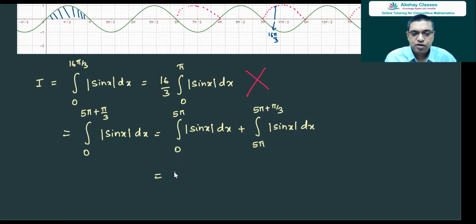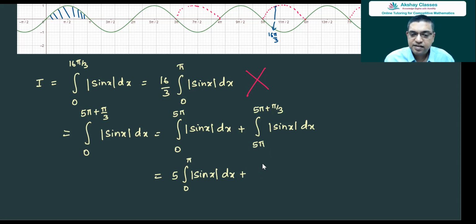It is 5 times integral 0 to pi mod sin x dx, because the period of mod sin x is pi. Now here, it is a plus nT to b plus nT, so it will be integral a to b. So 5 pi is your nT, T is pi, and n is 5.